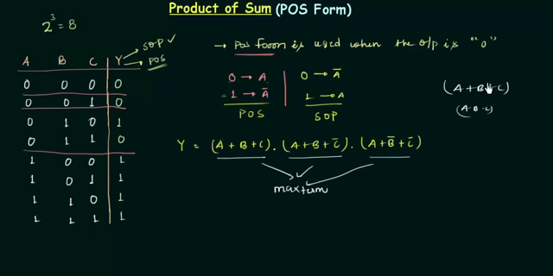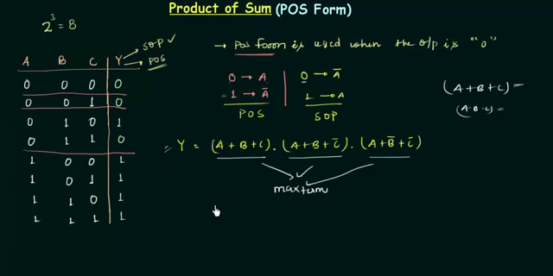This is looking maximum because of its size, and this is looking minimum because of its size. That's why we call it the max term, and this one the min term. There is no special reason for this. The functionality of the function Y will never change. If you want to represent it in POS form or in SOP form, it will yield the same output depending upon the input. And this POS form written here I have obtained from the SOP form itself.